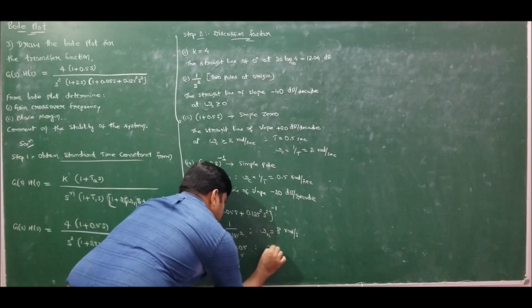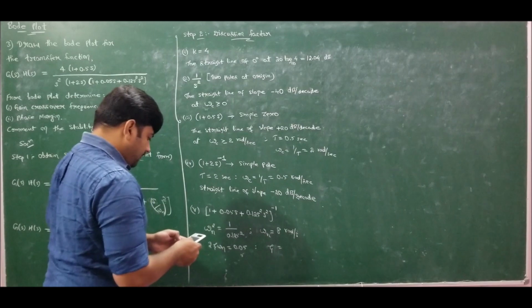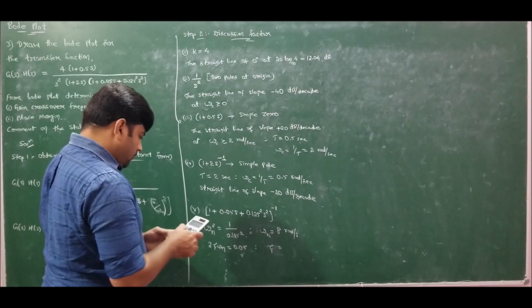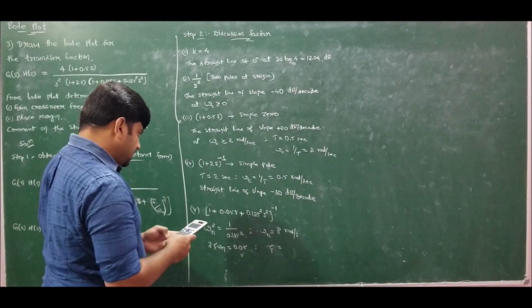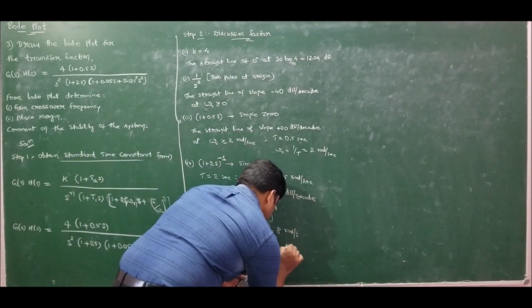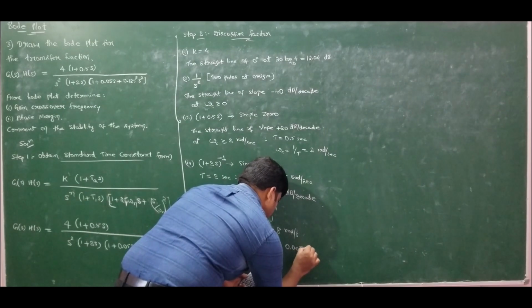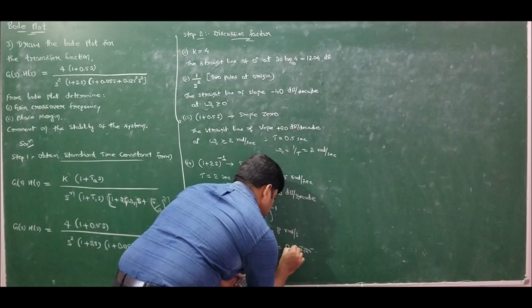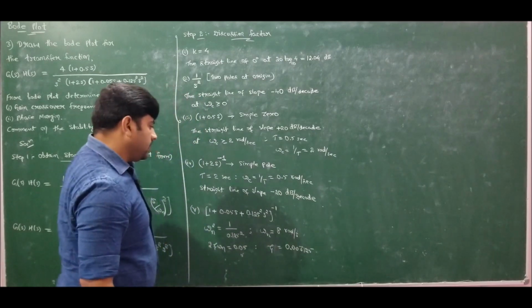Hence the damping factor zeta should be 0.05 divided by 2 times 8, 16. It is 0.00325. 0.00325 is the damping factor.